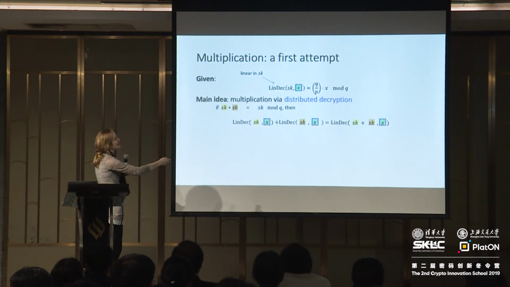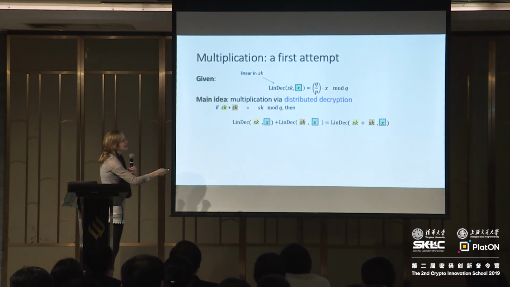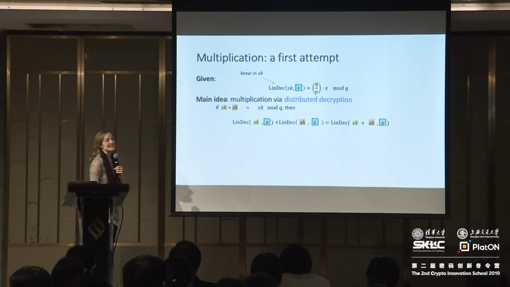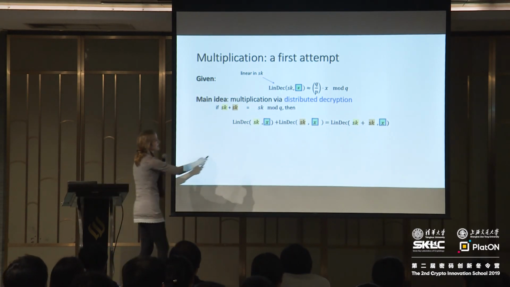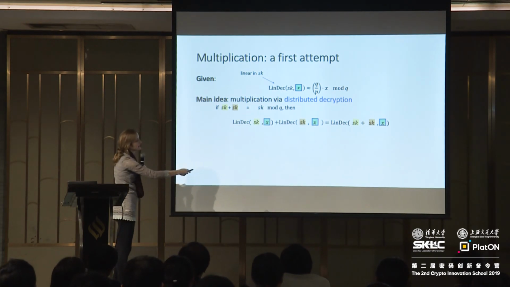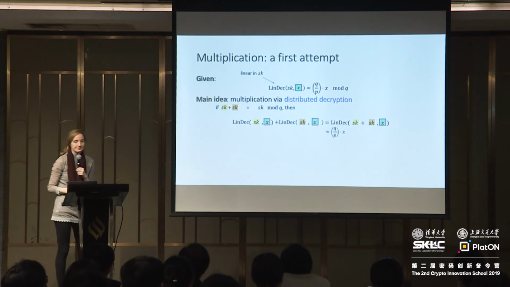Because this is linear in the secret key, if I have additive shares of the secret key, then if I add them together first, this is the normal decryption with the secret key combined, but because this is linear, I can split this into the sum of these two different parts. This is something that each party can do on their own. And if we do that and add them together, from the nearly linear decryption property, it means that I'm approximately equal to this here.